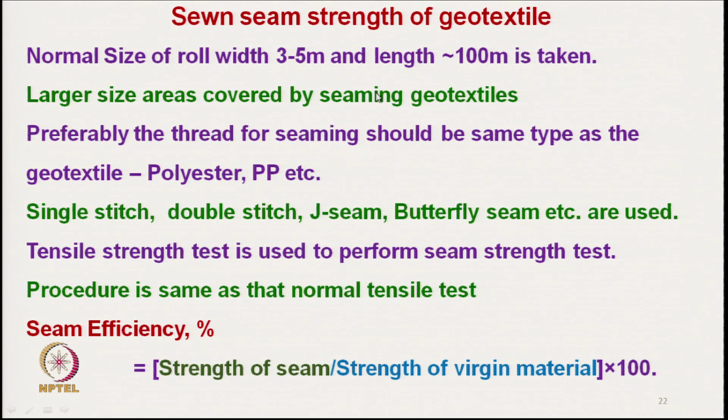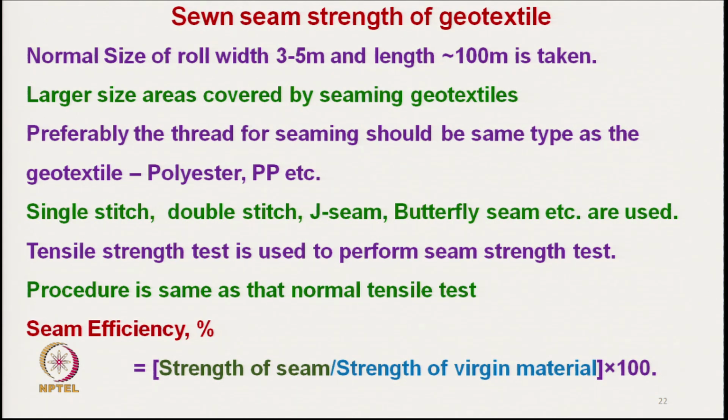Now we can discuss the sewn seam strength of geotextile. A larger area has to be covered, so we need to have stitching. There are different types of stitches: single stitch, double stitch, J seam, butterfly seam, which are commonly used.